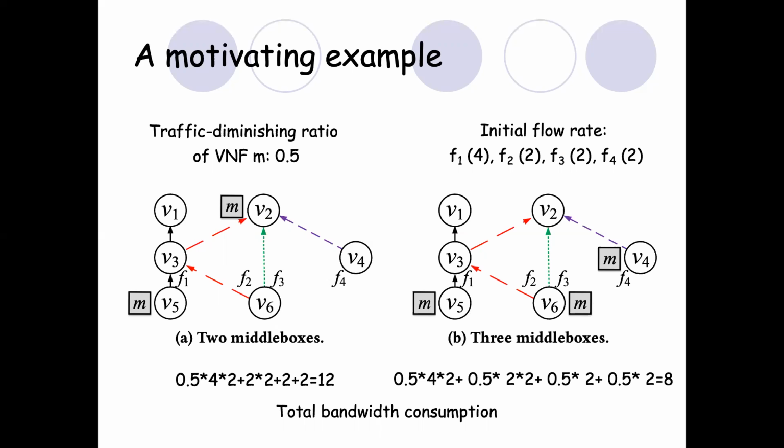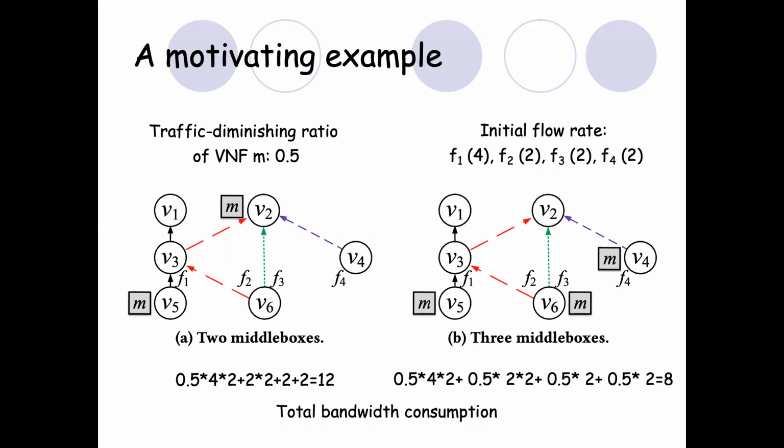We can see there are 4 flows, F1 to F4, and their initial traffic rates are 4, 2, 2, and 2 respectively. The line thickness indicates the traffic rate. Their sources, destinations, and paths are shown in the figure. The paths are predetermined, shown in different types of lines.